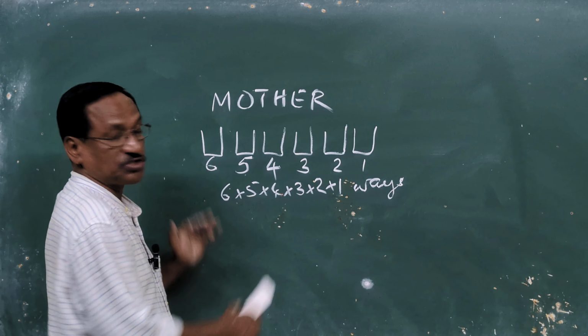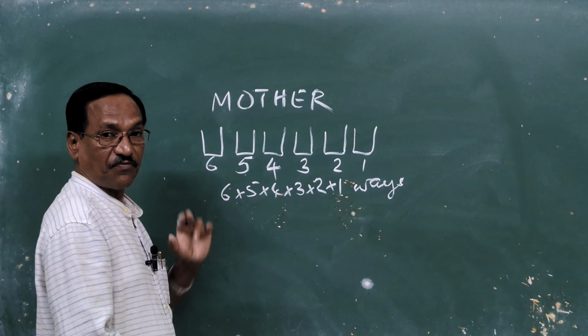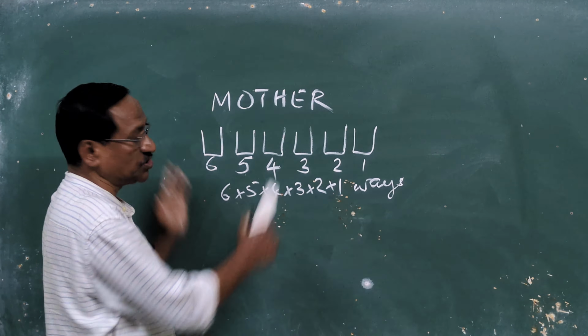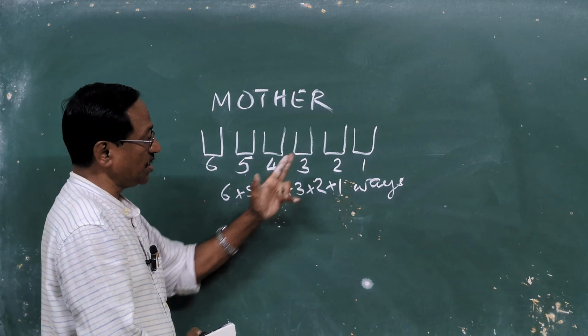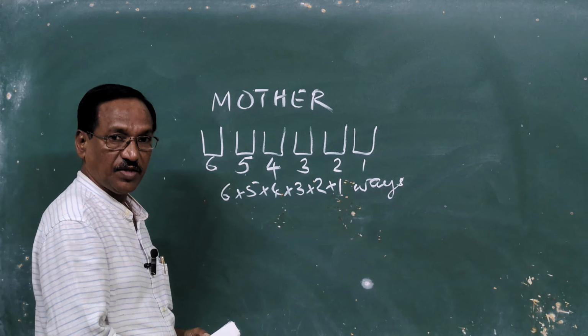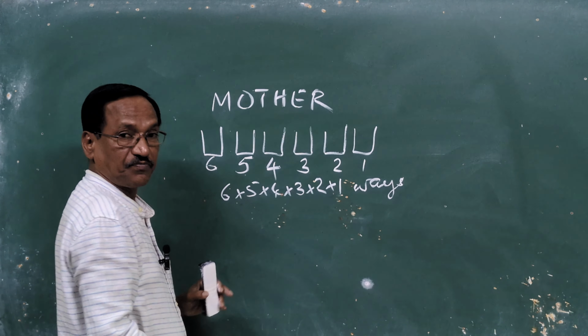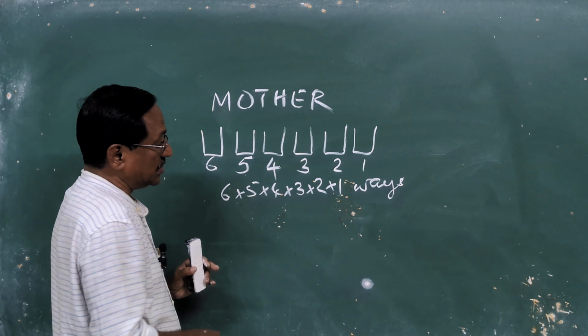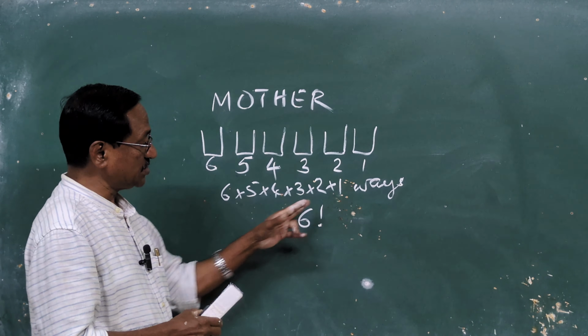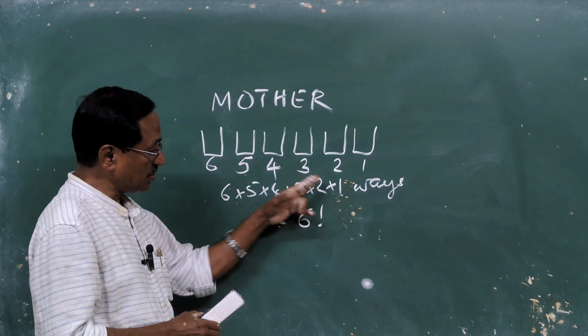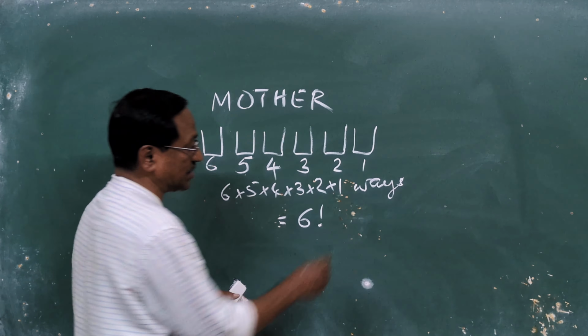Therefore, all these together can be done in 6 into 5 into 4 into 3 into 2 into 1 ways. This expression can be written as 6 factorial. This symbol means factorial.